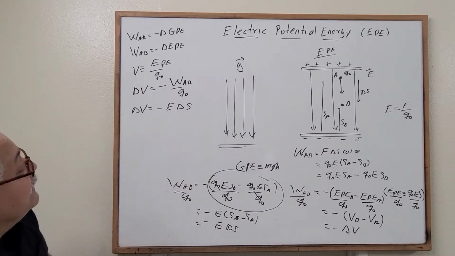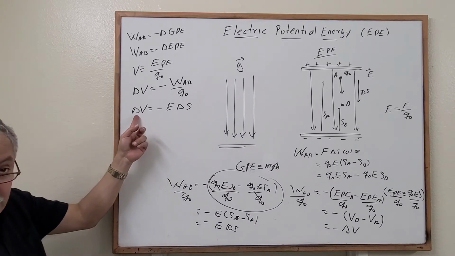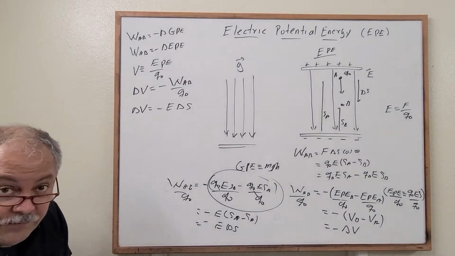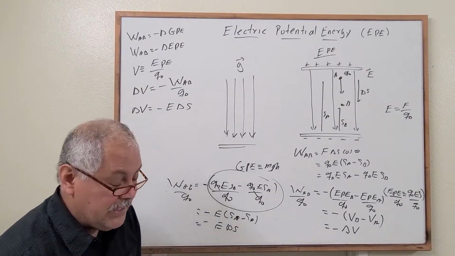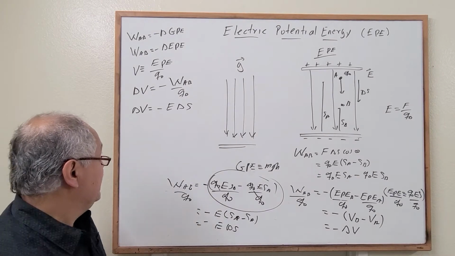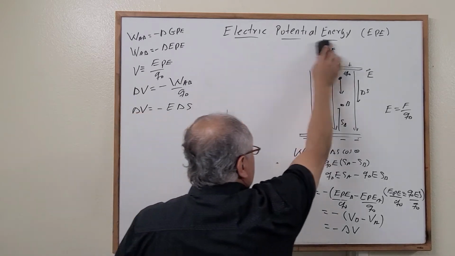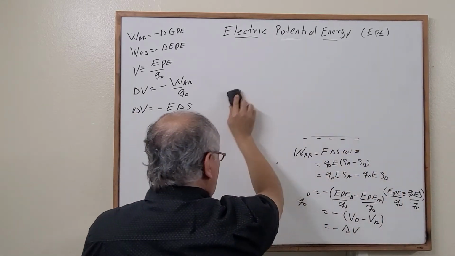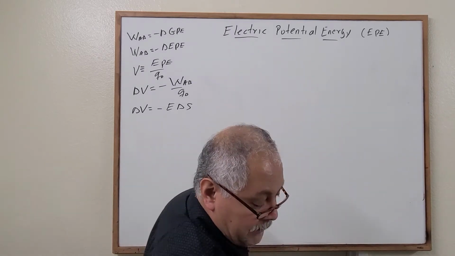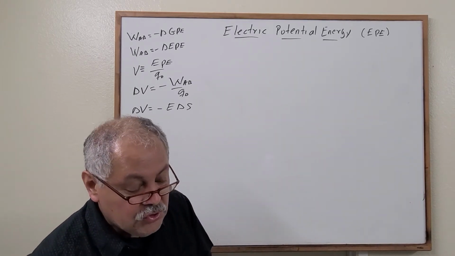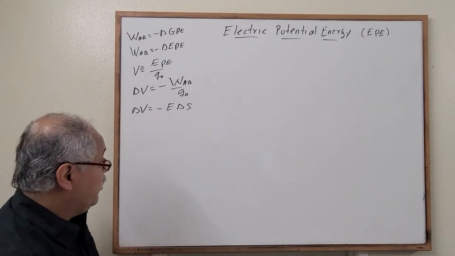Okay, perfect. So this is again the representation for the voltage, or potential difference, or electric potential difference, the same meaning. Great. Now let's go to the next topic in this section: the electric potential due to a point charge.